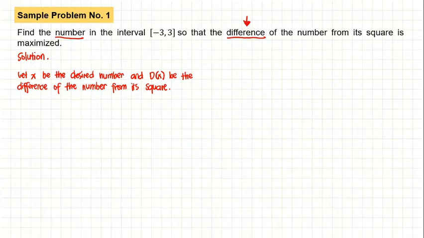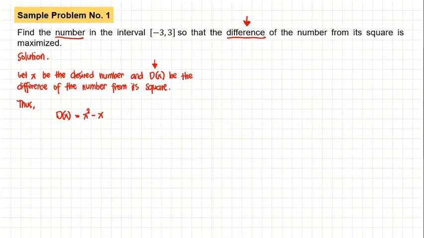Okay, so kailangan nating i-formulate ngayon si d of x. Thus, d of x is equal to, so ano ngayon yung d of x natin? It is the difference of the number from its square. Since the number is x, so we will have x squared minus x. So this is now our objective function.